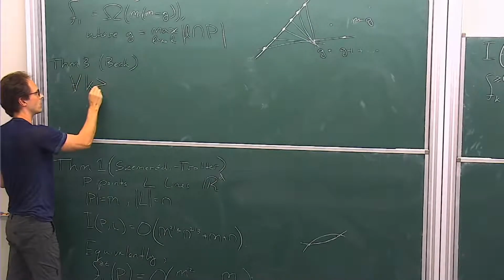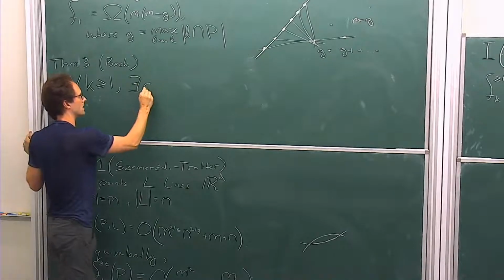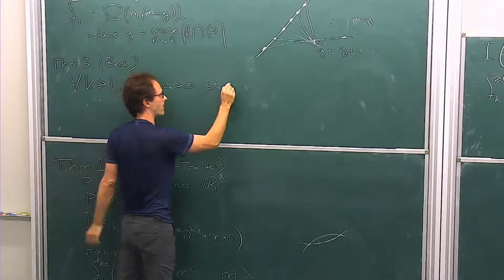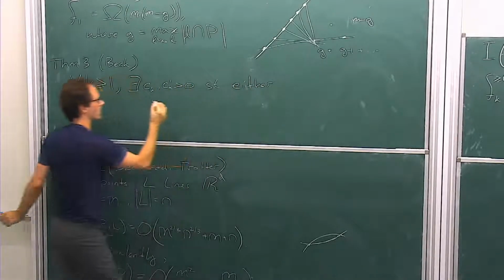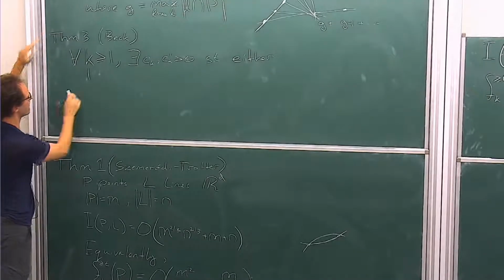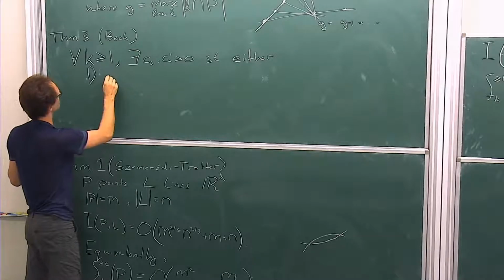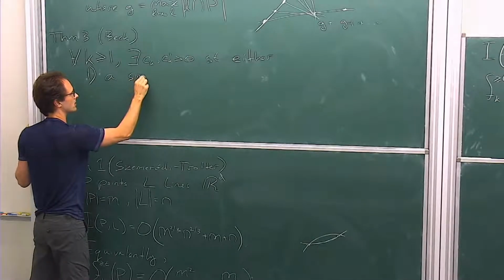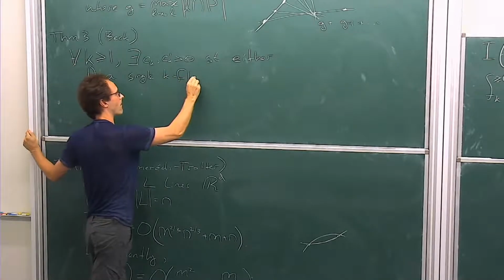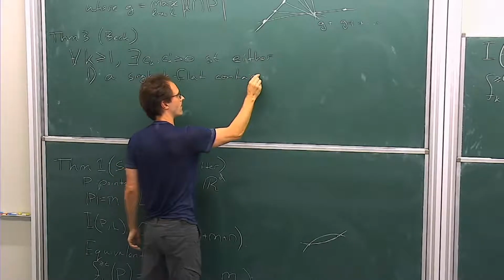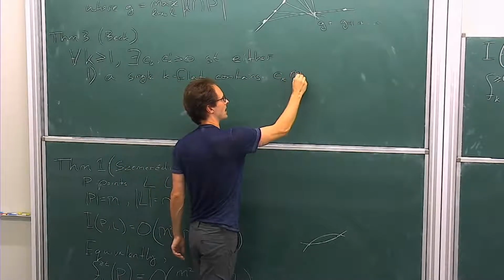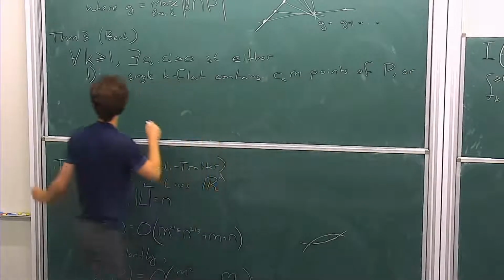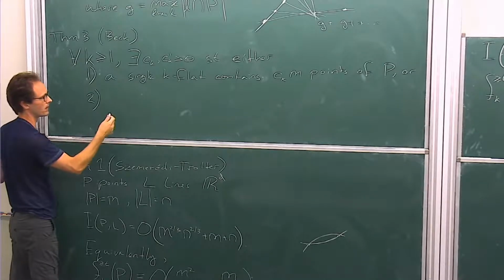Beck's theorem is: for all k at least 1, there are positive constants c_k and c_k prime such that either alternative one, a single k-flat contains c_k times m points of P, or the second alternative, that you span nearly as many k-flats as possible.